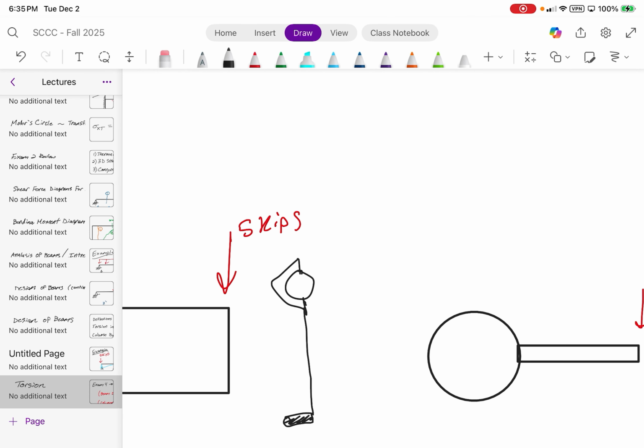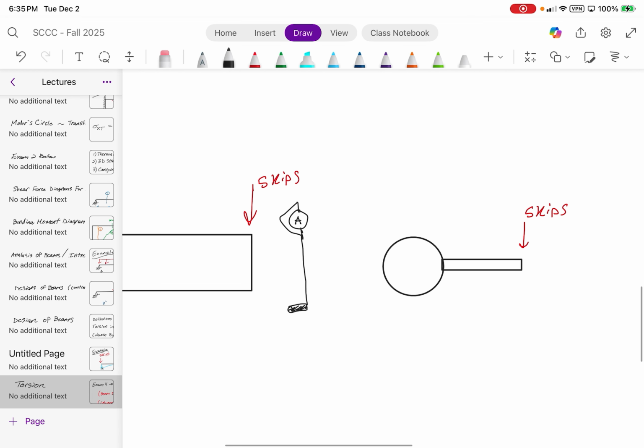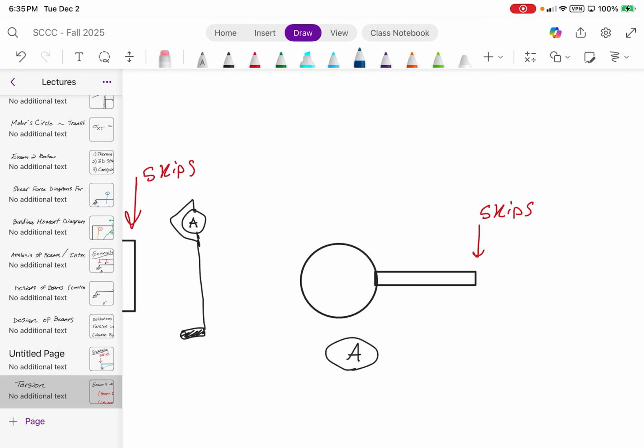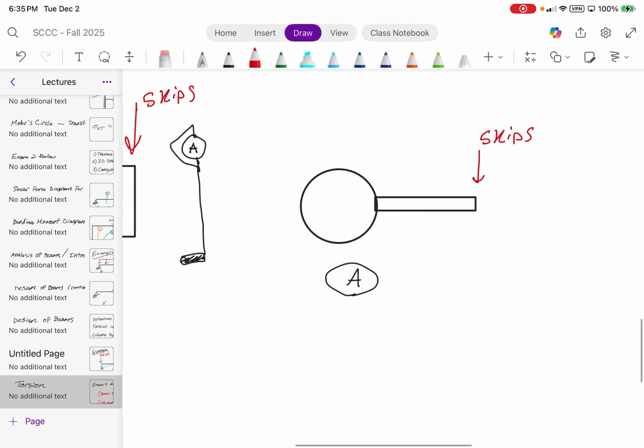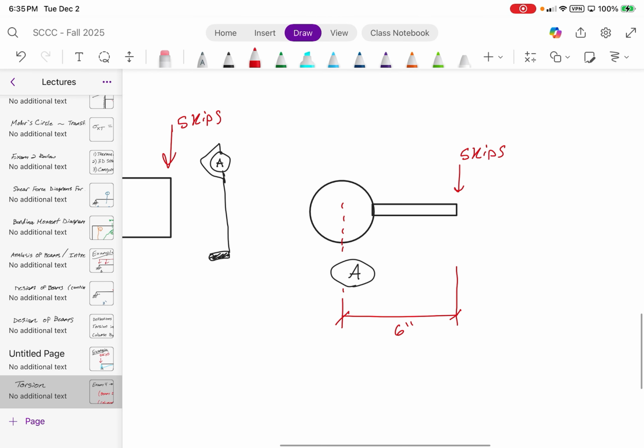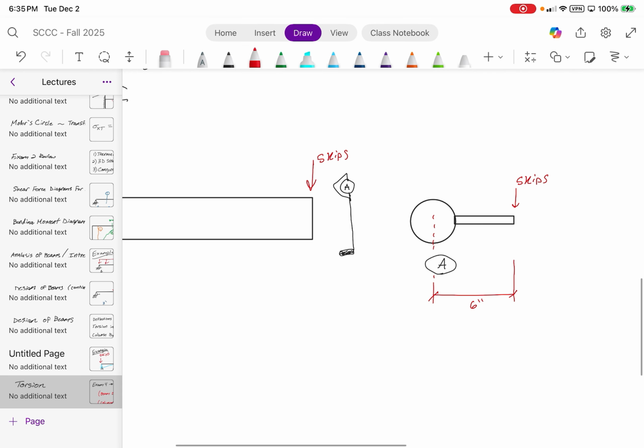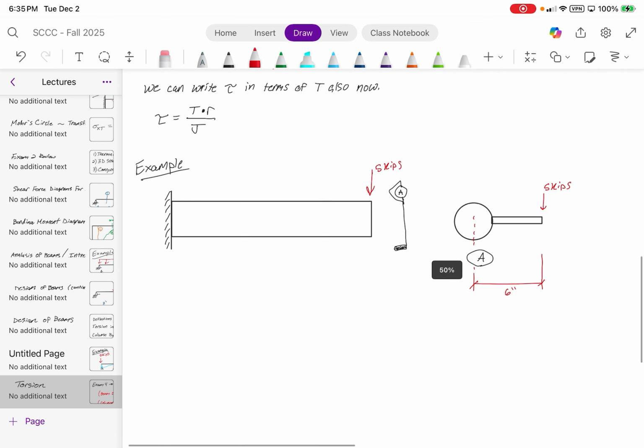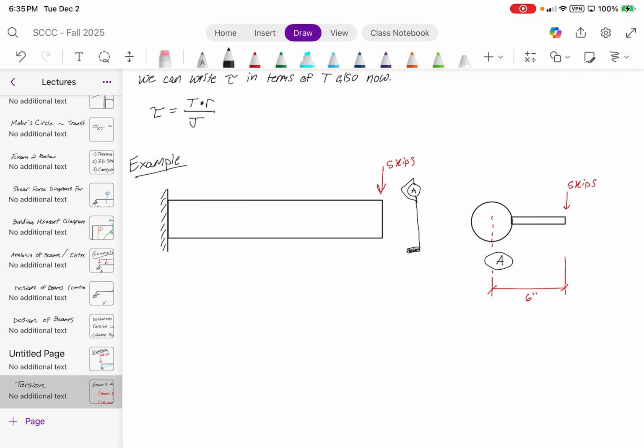Call this section A. And let's say that from this location here, from the center line, it is located 6 inches. Simply put, what I want to know is, what is the torque?